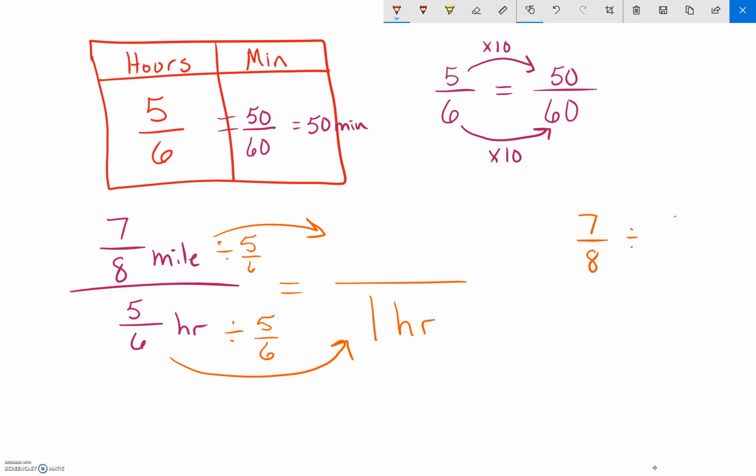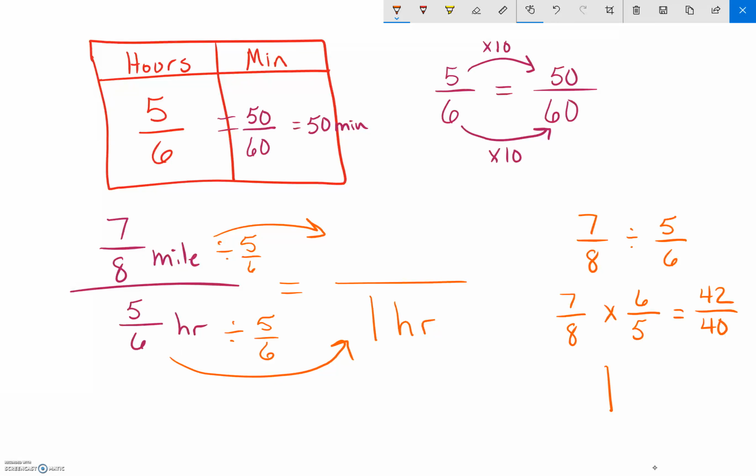7/8 divided by 5/6. To divide fractions, we keep, switch, flip, and then we multiply. 7 times 6 is 42. 8 times 5 is 40, so we have 42 over 40. It's an improper fraction. Remember, 40 would go into 42 one time.